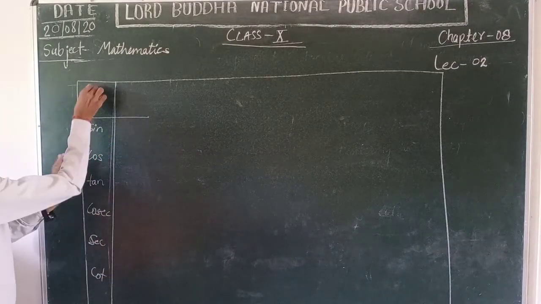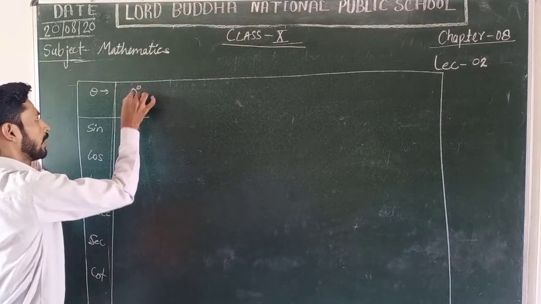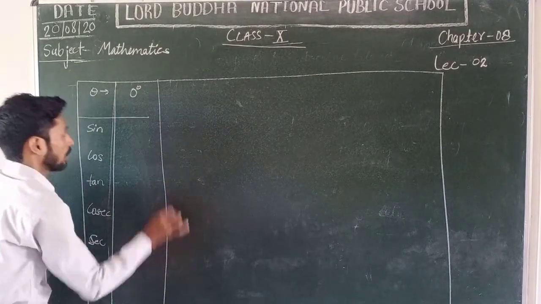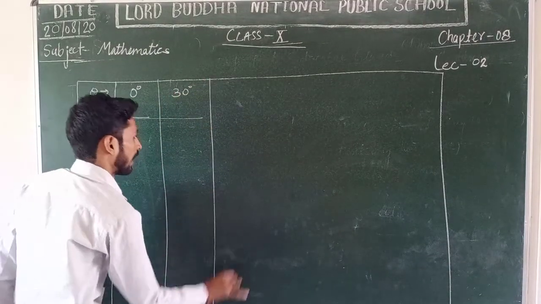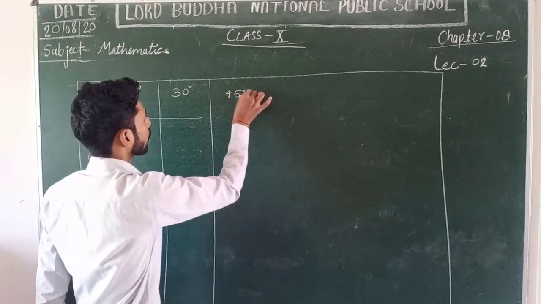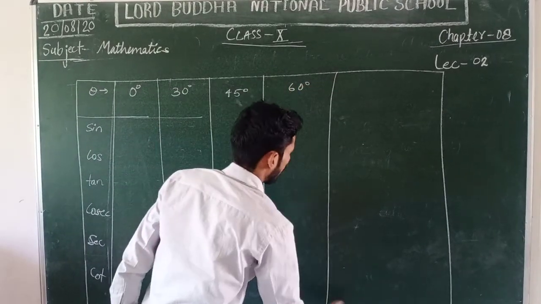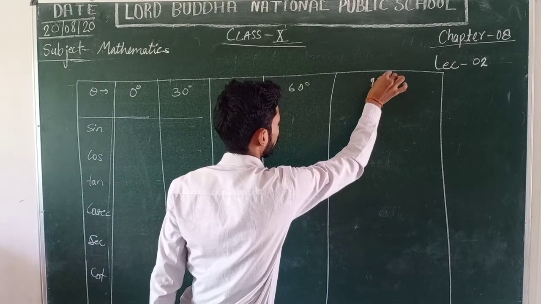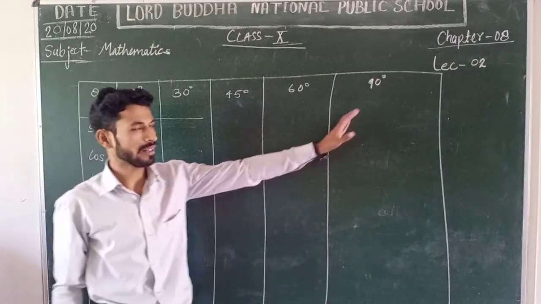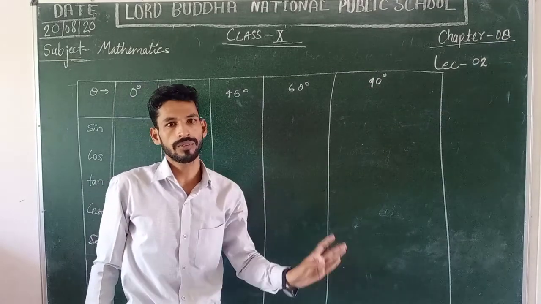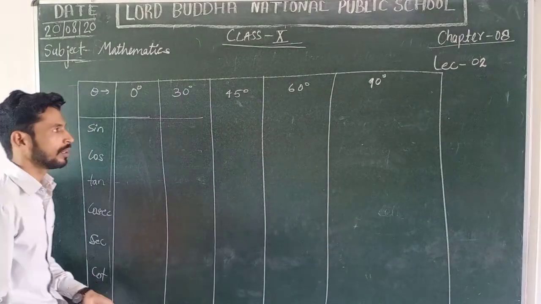In this table we will go for the angles. We will start with 0 degree, second one is 30 degree, next 45 degree, next 60 degree, and the last one is 90 degree. We can carry on in increasing order like 120 degree, 135 degree, 150 degree, 180 degree and so on.